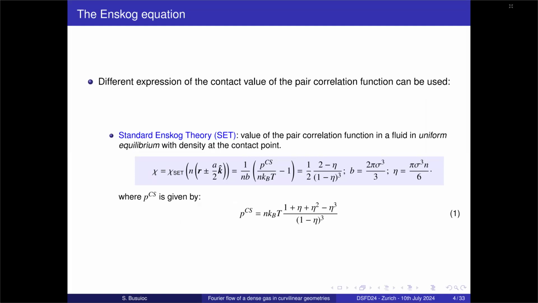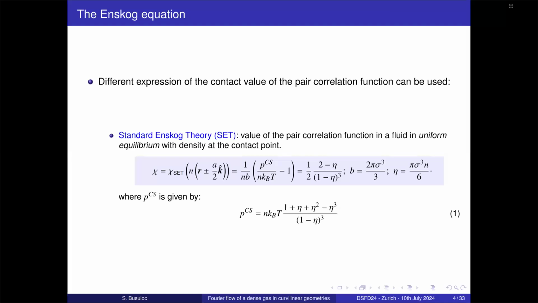One is the standard Enskog theory, where you take the value of the density at the contact point, or the value of the pair correlation function in a fluid with uniform equilibrium. And here I just choose one equation of state, the Carnahan-Starling equation of state. It should have been a reference, but sorry. And this will be the values.